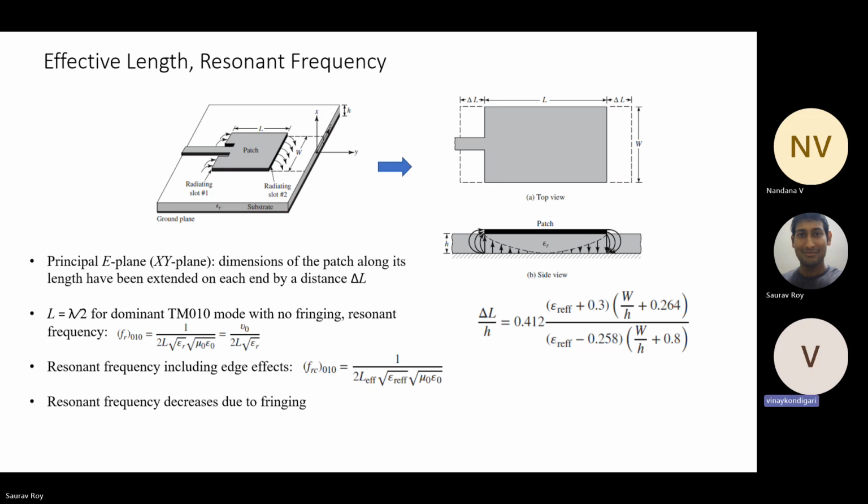Because of the maximum radiation, as we are desiring a broadside radiation pattern. Okay. Is X the maximum radiation direction? And how is the Y direction coming? It is the XY plane, right? How is the Y direction?